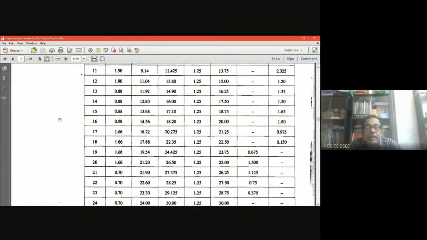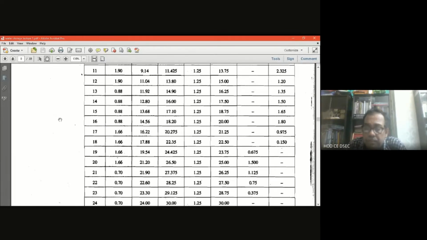How? Here, the cumulative demand, you are seeing, is 24.425 in the 4th column. And in column 6, the cumulative supply is 23.75. So here it is seen that cumulative demand is more than the cumulative supply.